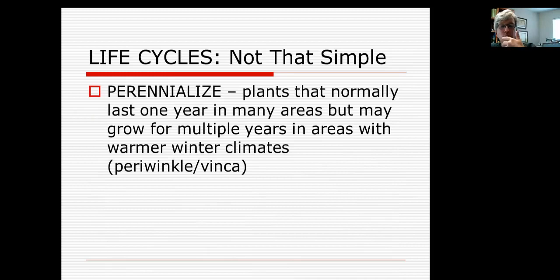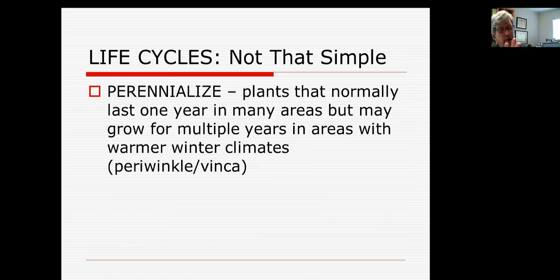We call that term perennializing. That's a term we've developed in horticulture, that a plant can perennialize. Typically, it's known as an annual in most places because of the weather conditions, but it can last more than one year, especially where you have those mild winters and they don't freeze. If it got colder, a lot of those plants are going to die.